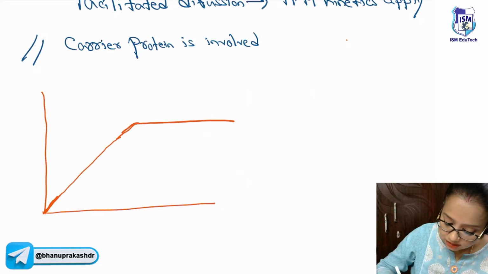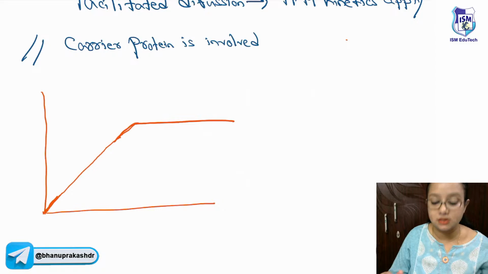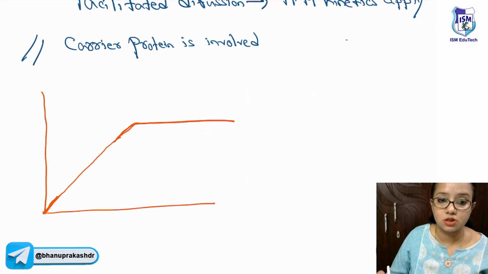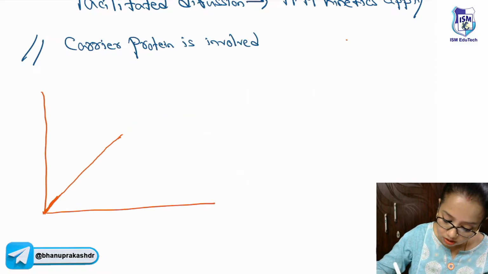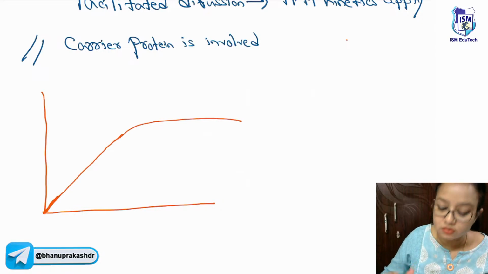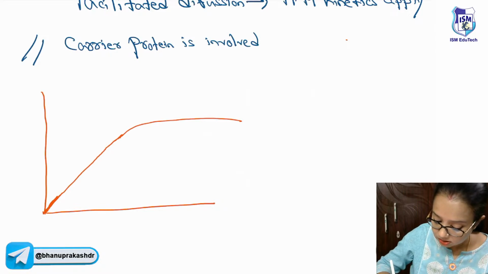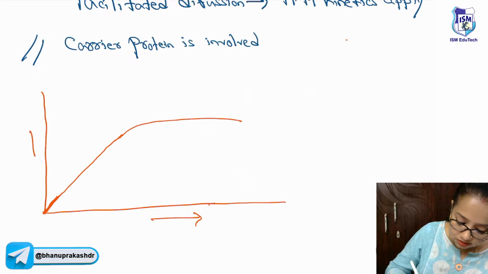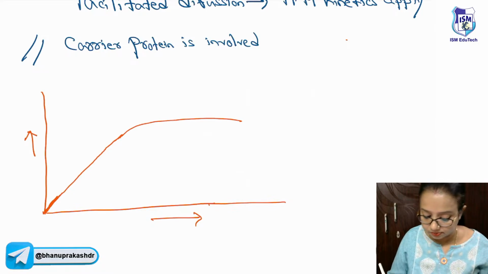But after certain points, the binding site gets saturated, the binding site gets exhausted, and it goes to a level of plateau. No longer can it increase the rate of transportation even if the concentration is increasing.